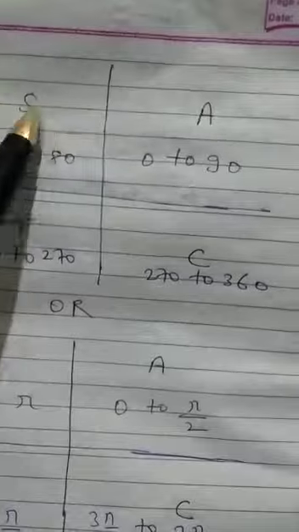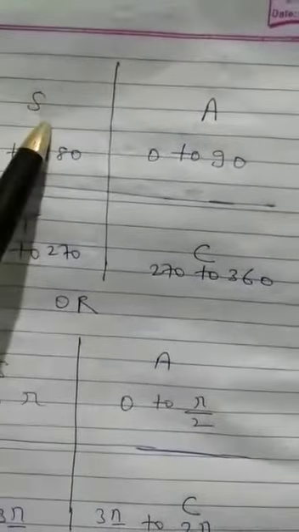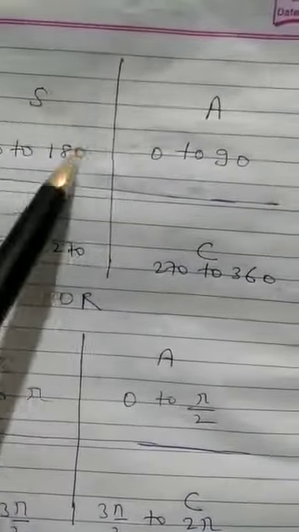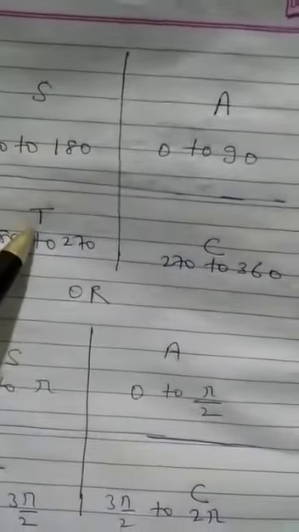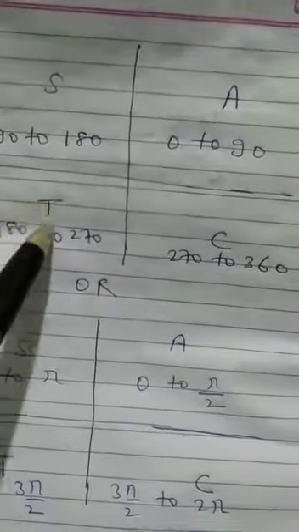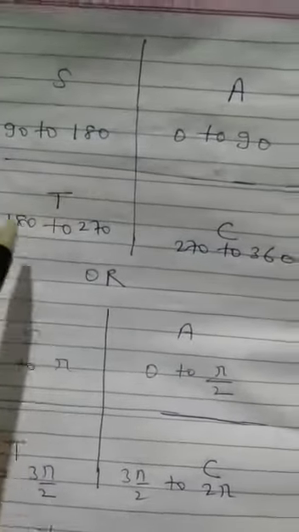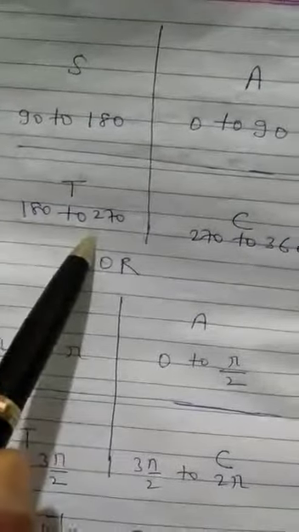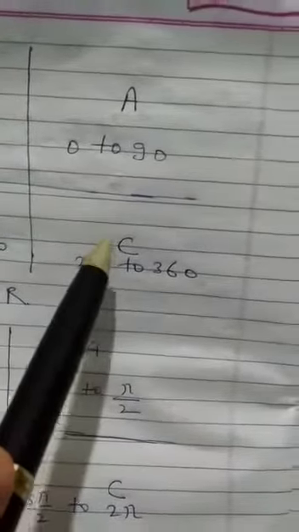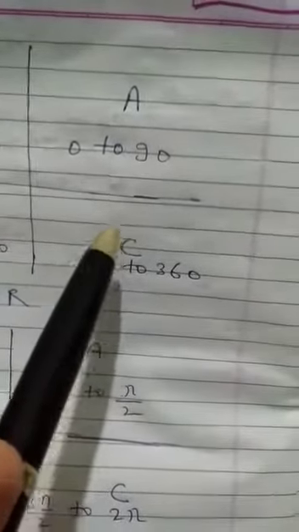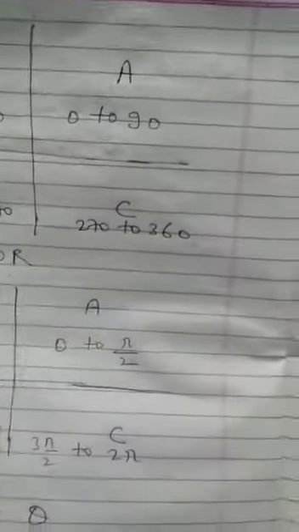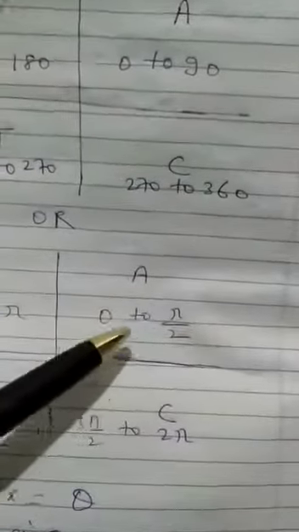In the second quadrant, sin and cosec are positive and the rest are negative. In the third quadrant, T is for tan, the reverse of cot. Tan and cot are positive and the rest are negative. In the fourth quadrant, cos and its reverse sec are positive and the rest are negative.